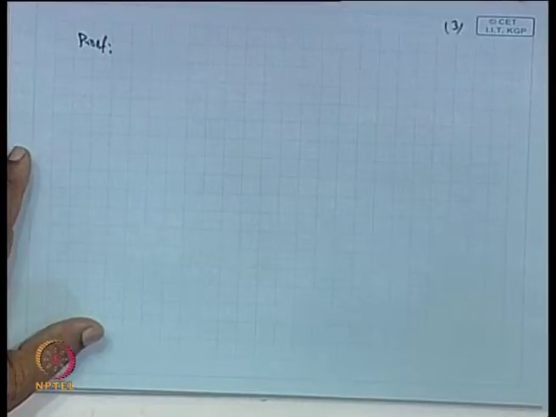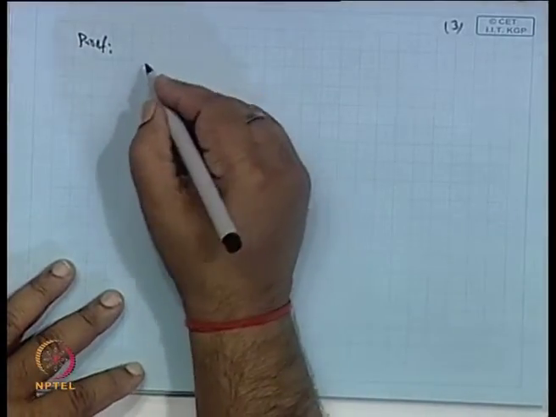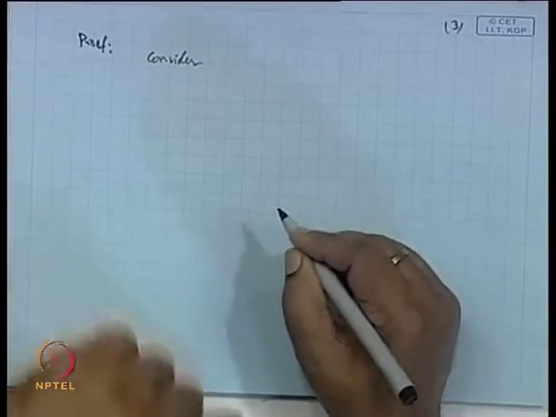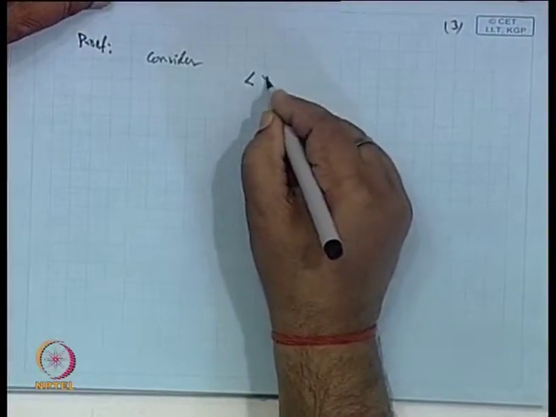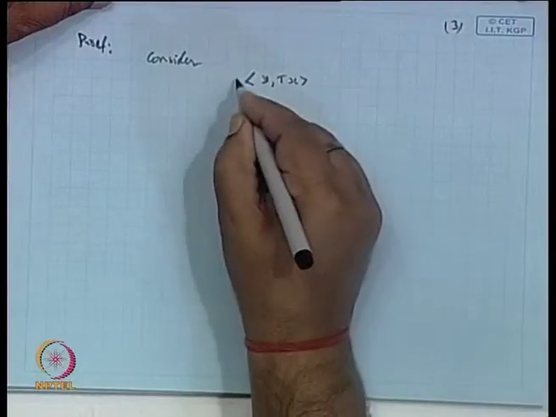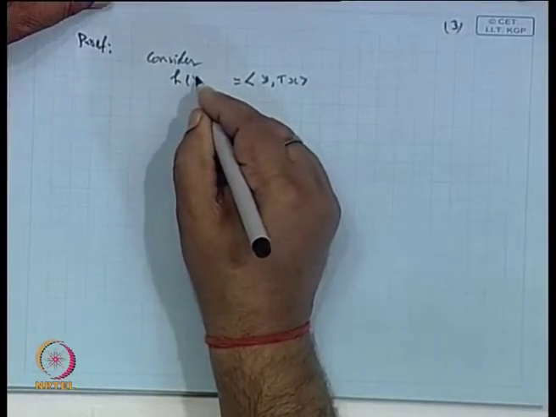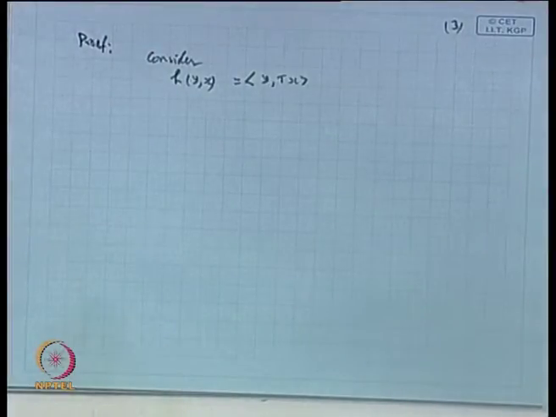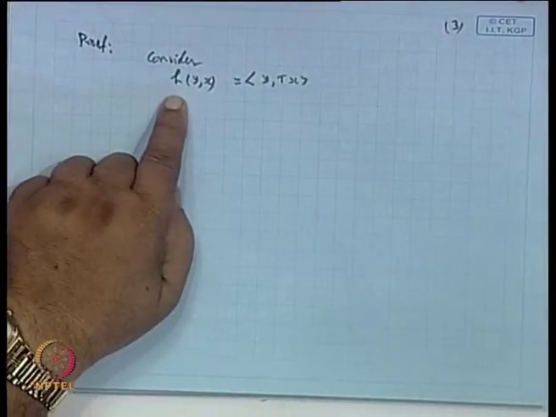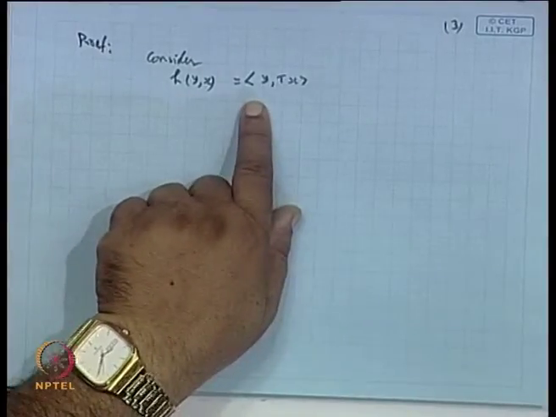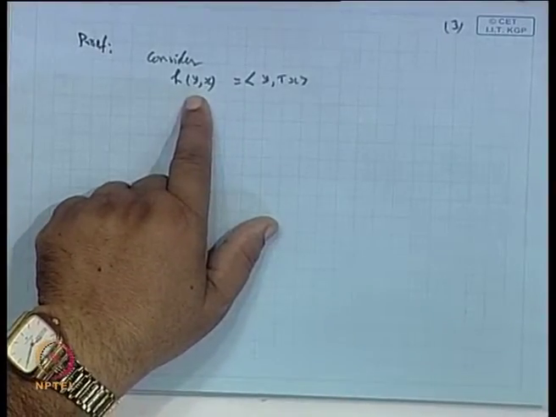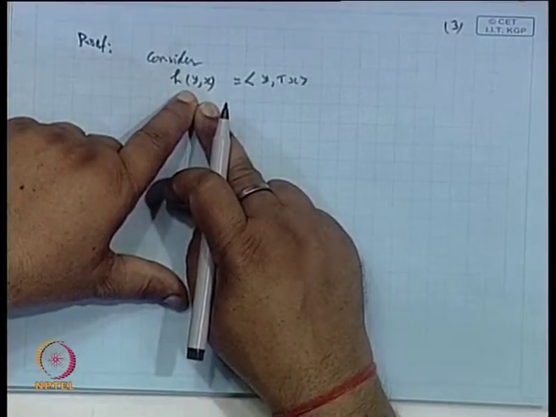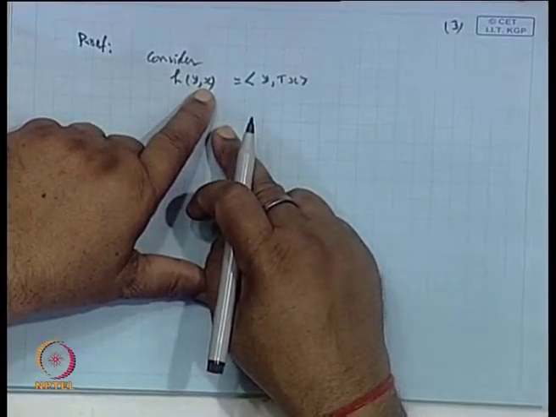Okay. Let us start this as, suppose, consider the inner product of y, T x as h of y, x. Okay. I am considering a function h defined on the Cartesian product of what? y is an element of H2, x is an element of H1.